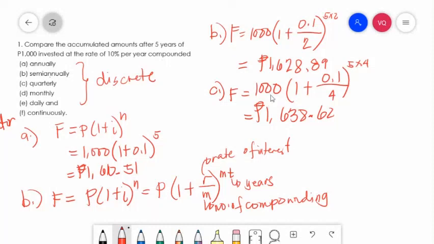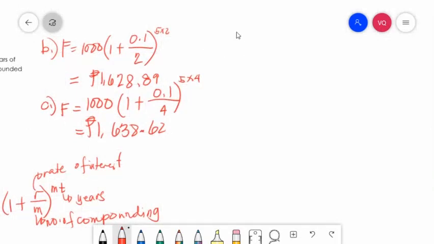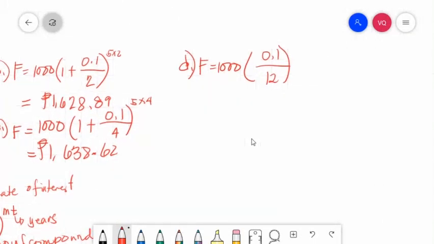In letter D, monthly, F is equal to 1,000 multiplied by (1 plus the interest 0.1, since monthly, we have 12 months in 1 year, so divided by 12) raised to 5 times 12. So D is equal to 1,645.31 pesos.